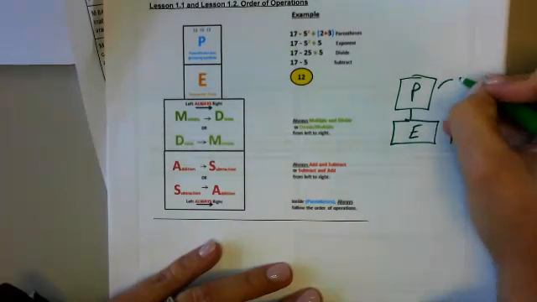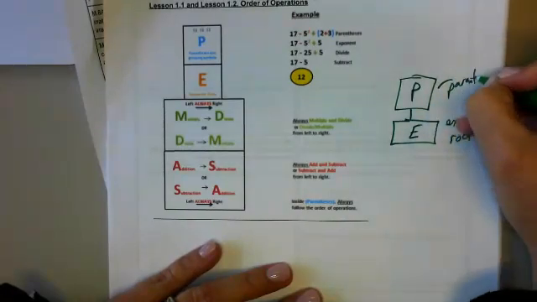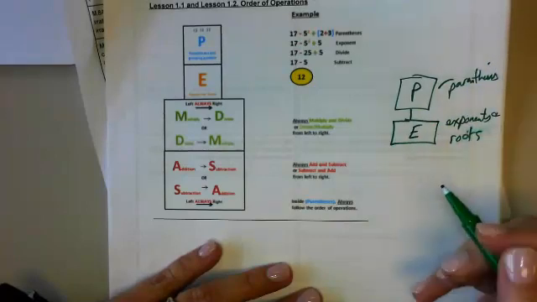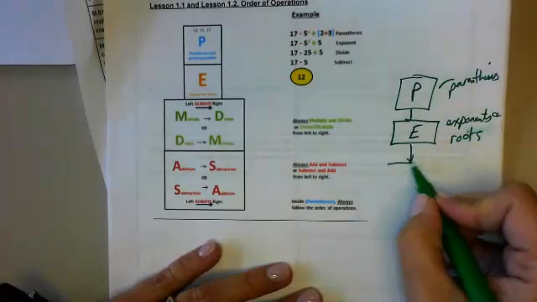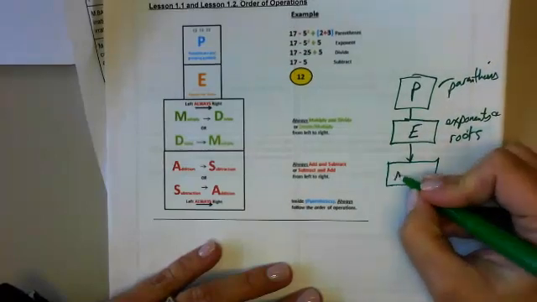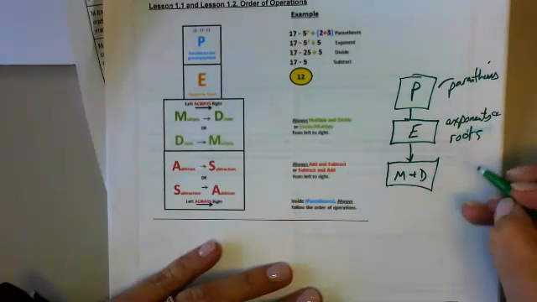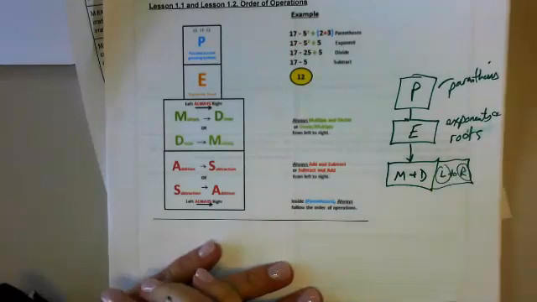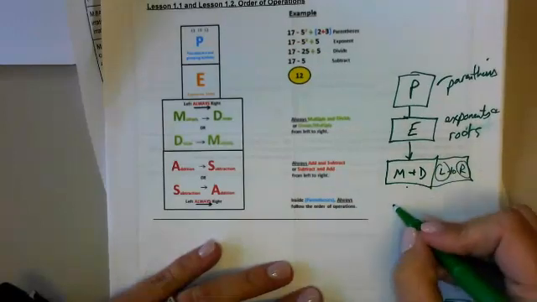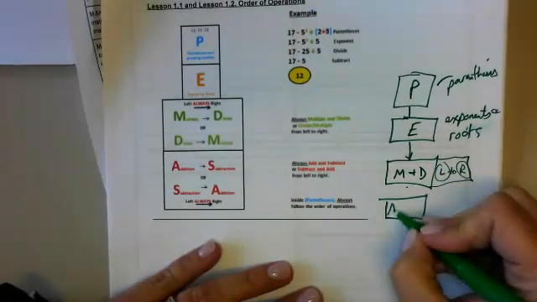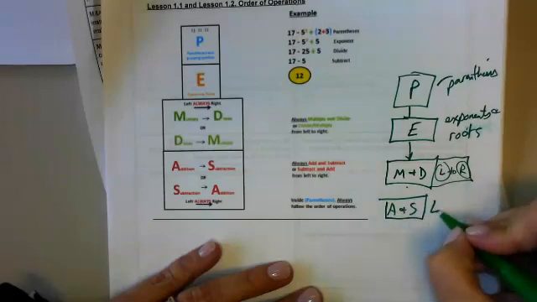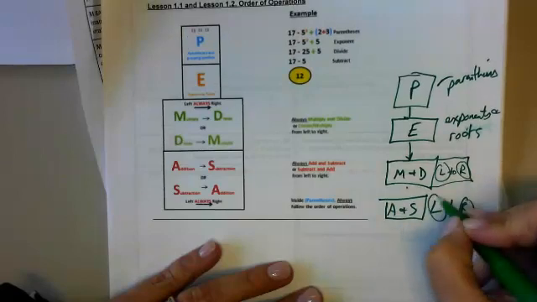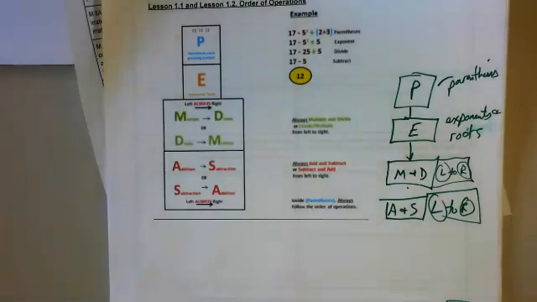Next, we've got multiplication and division, and make sure that you know to do those from left to right. And then after that, we do addition and subtraction, and same left to right. So don't forget that.